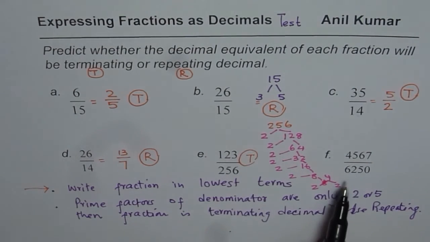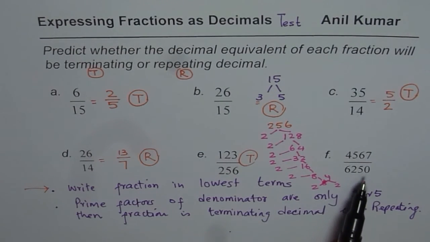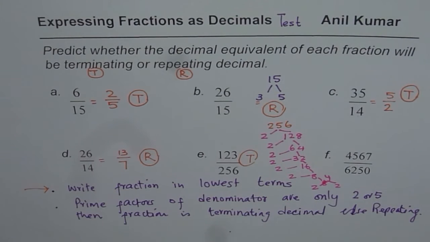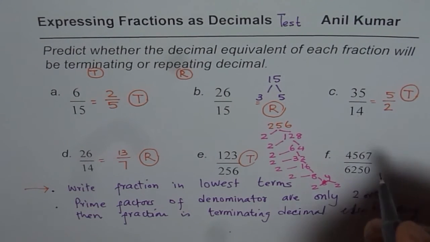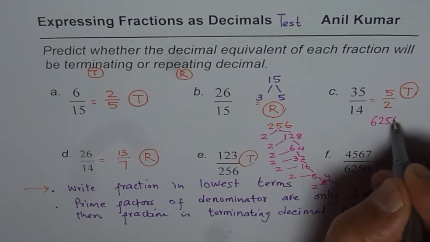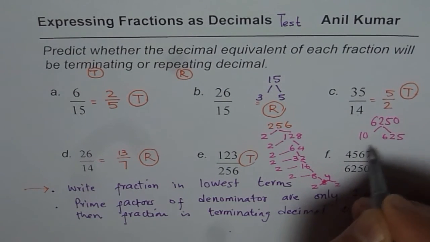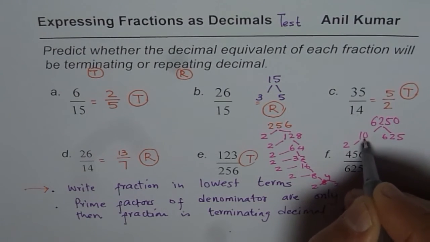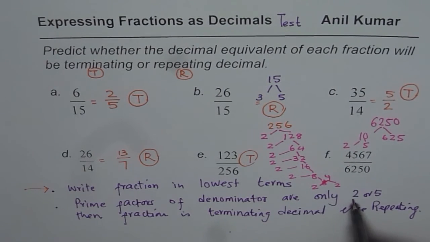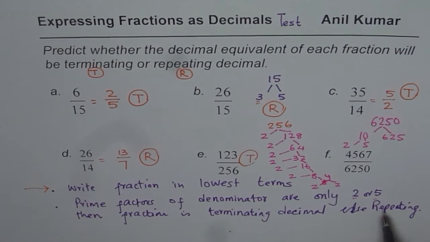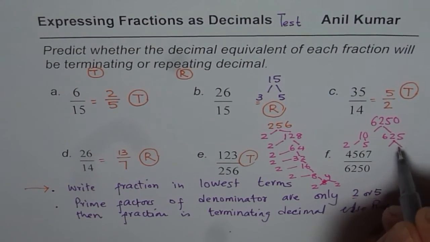The last one is 4567/6250. Now you can find the prime factors of 6250. Let's do it. 6250 is 10 times 625. 10 is 2 times 5. So we have 2 and 5 as our factors. That is for terminating. But let's see what is 625.